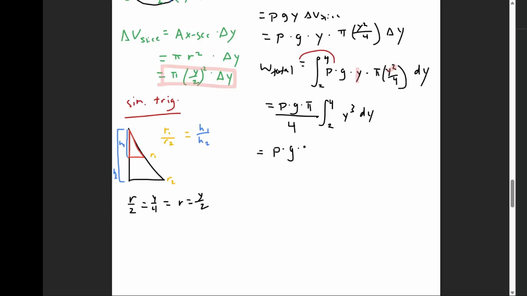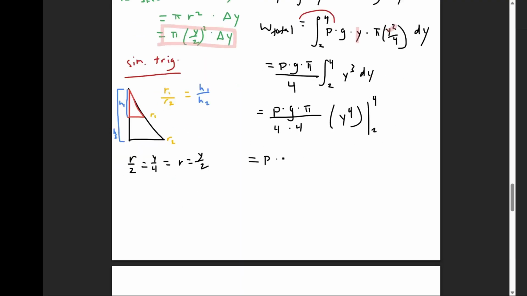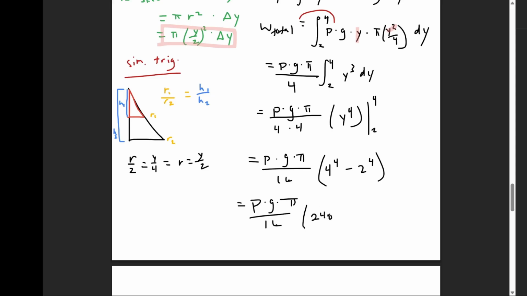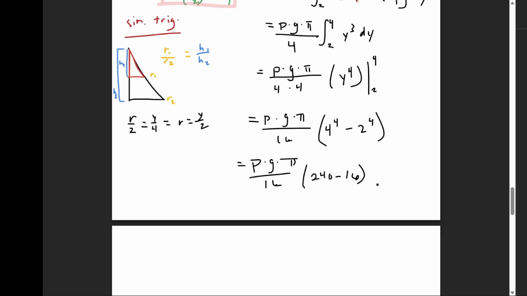Density times gravity times pi over 4, and the integral of y cubed is y to the 4th divided by 4. So we bring the divided by 4 out here, and then bring the bounds through. So density times this over 16, and then 4 to the 4th power minus 2 to the 4th power. 4 to the 4th is 256, and minus 16 is 240.